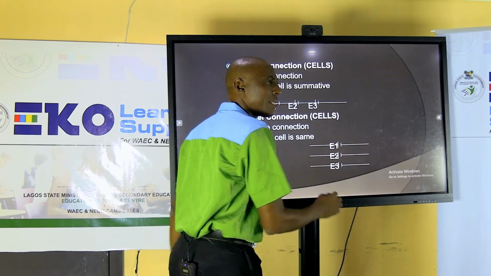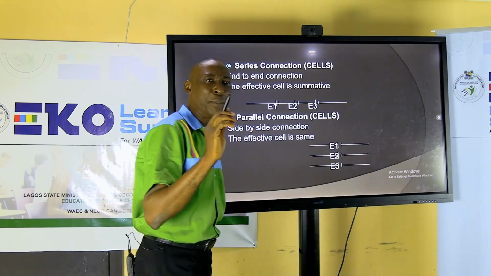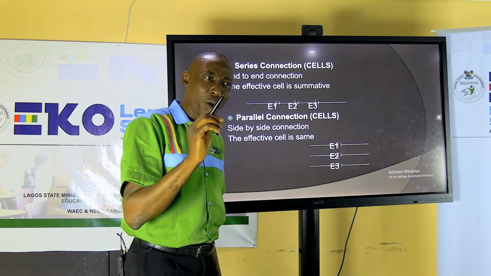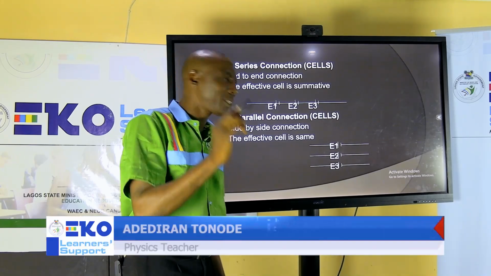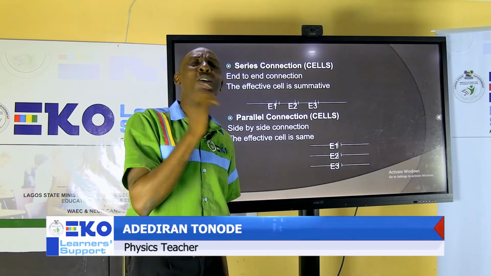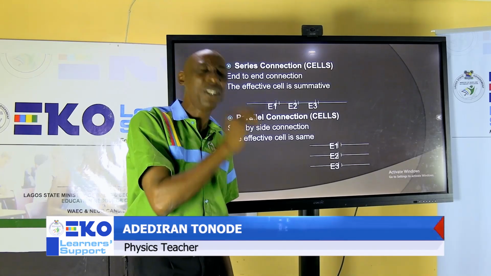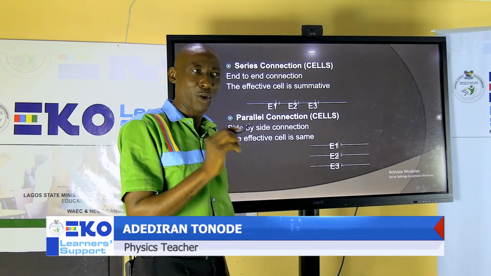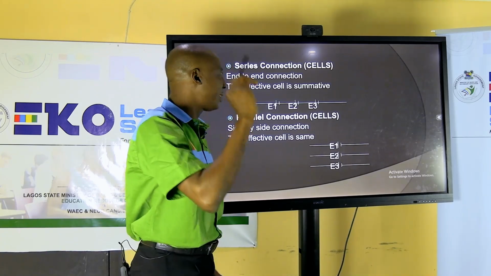The effective EMF is still 2 volts. Why? Because it's just 1 out of them they are sharing. In other words, it is not possible when cells are connected in parallel to have different EMF, because it's just one they are sharing.